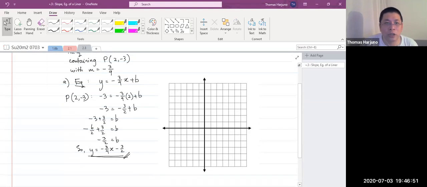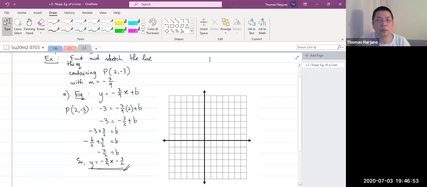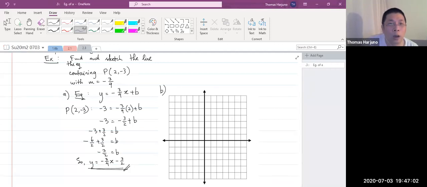How do we sketch that? Okay, so let's say this is our graphing paper here. This is to answer part B. Now coordinate P is (2, -3). This is the coordinate P.